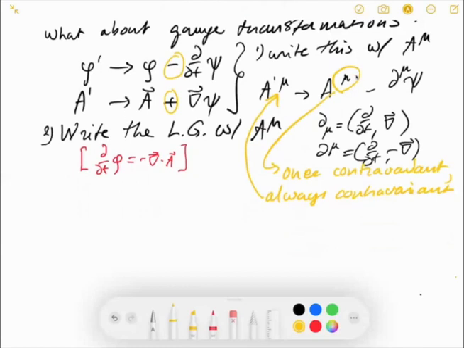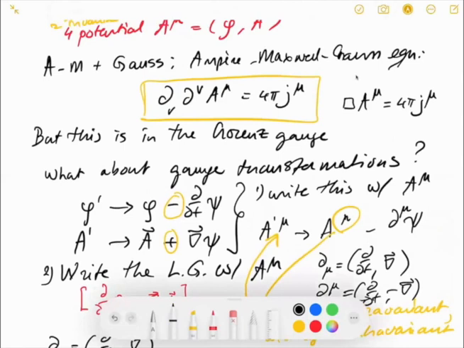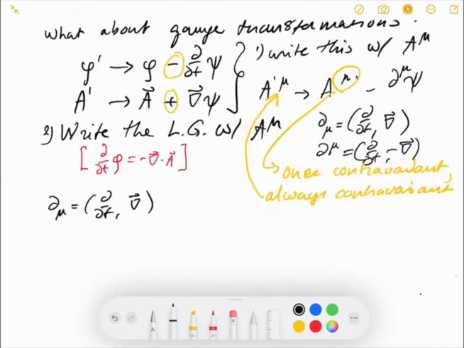Okay, now let's do the second one. It's actually a little bit easier. So we know that the del operator is just ddt and the gradient again. Then the Lorentz gauge, where did I write the Lorentz gauge? Yeah, there.